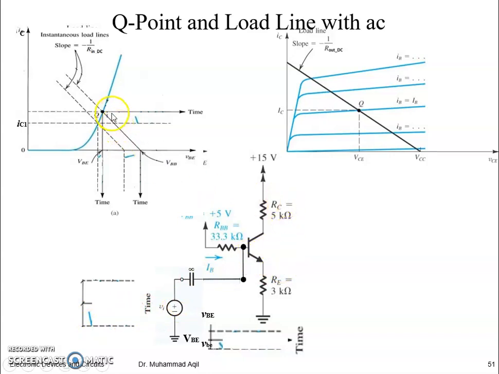This reduced IC flows from this output terminal, because IC flows from here to here, so the voltage here will be reduced. IC multiplied by RC is reduced, so the voltage across this resistance is reduced. Similar is the case for this one, because IC divided by alpha would be IE, and when multiplied by this RE, it will also decrease.